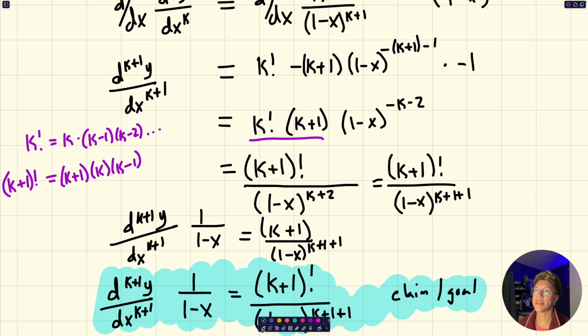And that is our proof. So starting with our assumption, we used calculus and algebra, and it changed into our consecutive case. So we basically proved that our k case and the case right after get proved together, and that's enough to say that this pattern is going to hold until infinity, or for forever, for all positive integers.